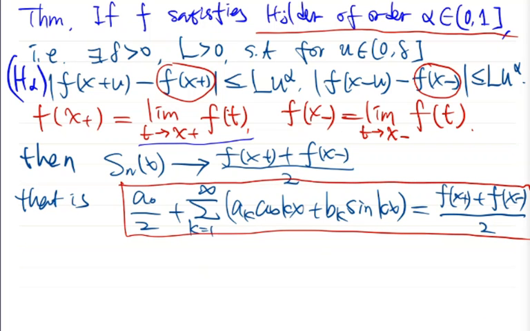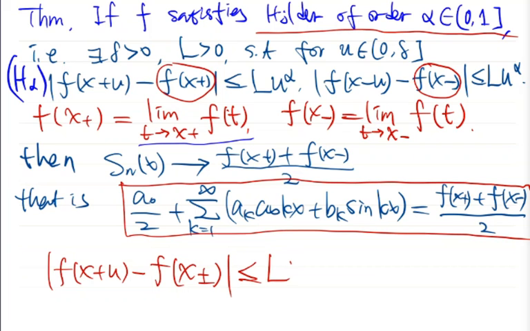Once f satisfies the Holder condition of order alpha, which means |f(x+u) - f(x+)| is not greater than L u^alpha for u in a small neighborhood of 0.